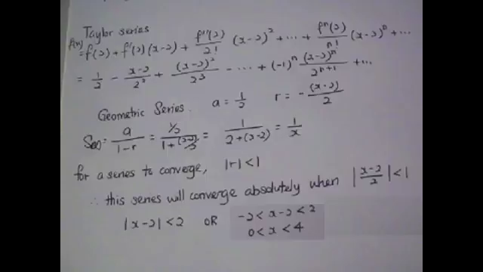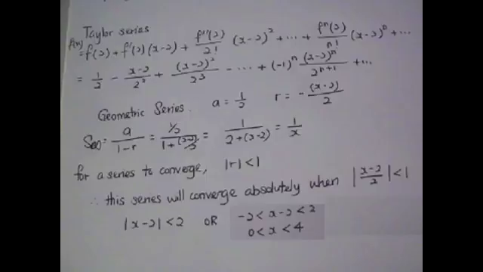You can notice this is a geometric series with an initial value of a half, which is your a, and your common ratio is negative (x minus 2) over 2. So for the infinite sum, the formula is a over 1 minus r.